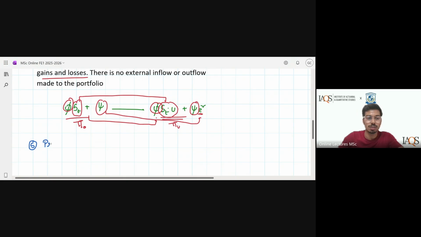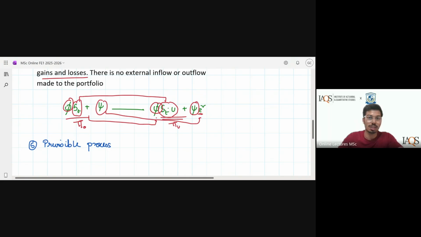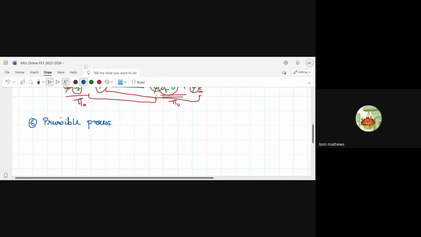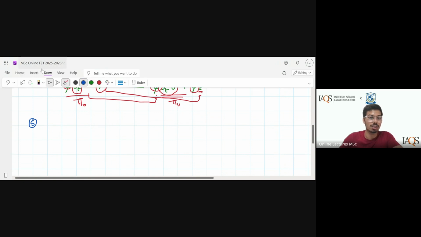I'll start with the next one, which is the predictable process. Pre-, PRE, predictable. Let me write it in text only.